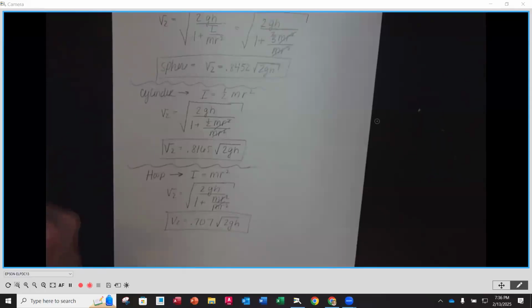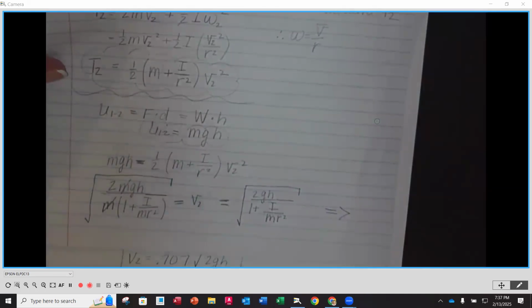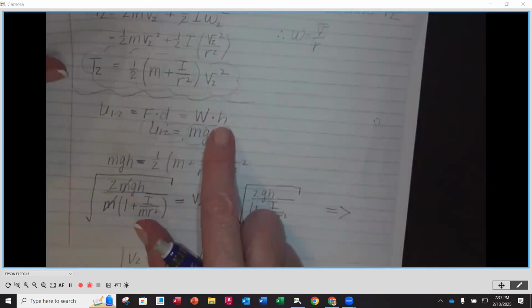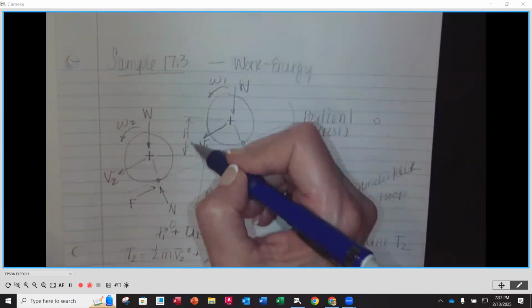Now, I'm not going to redo this problem for you guys, but I wanted to show you how the work energy theorem gets us into the same place as well. So using the work energy theorem, our T2 remains exactly the same, right? But it's the work part that is different. In this case, we take the force times distance and we use the weight times the height, because as we look here, the weight is what's pushing it through that distance.